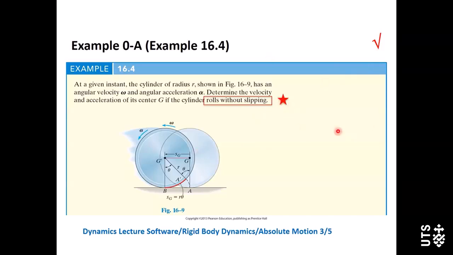Here shows a very typical example, and here you can see a disk is rolling on this surface to the left side. In this one here, it tells you it rolls without slipping. So this means no slipping occurs between this disk and the surface.